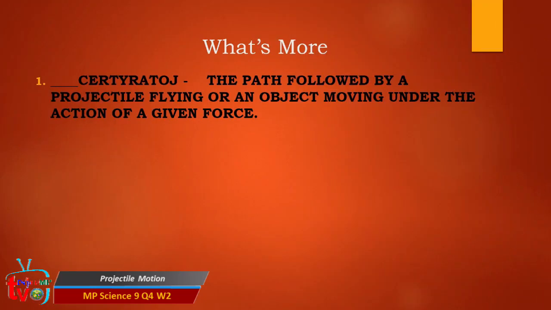Number 1. The path followed by a projectile flying, or an object moving under the action of a given force? The right word is trajectory. Did you get that? Very good. Let's proceed to the next number.